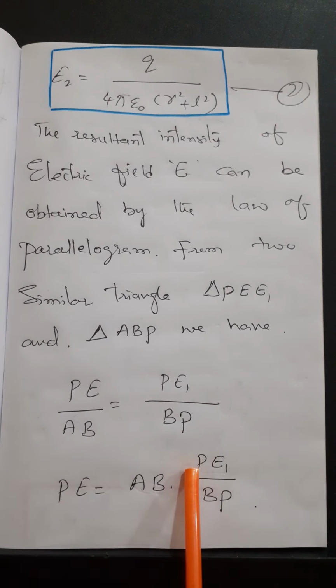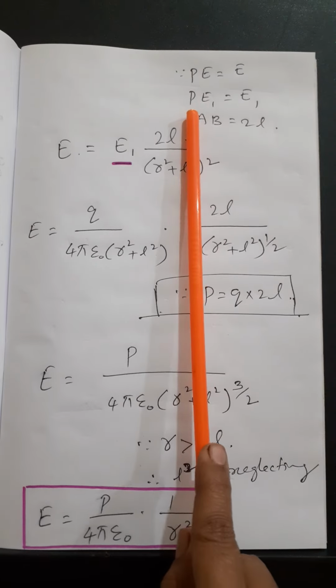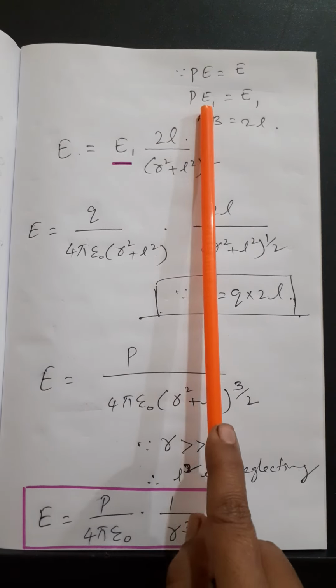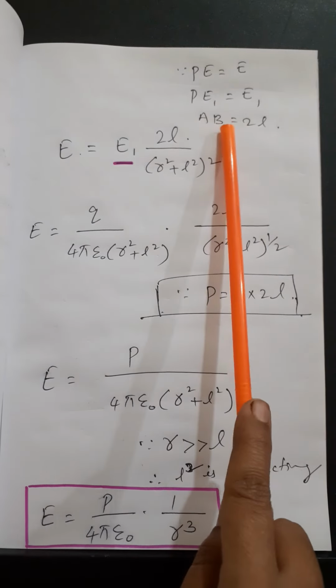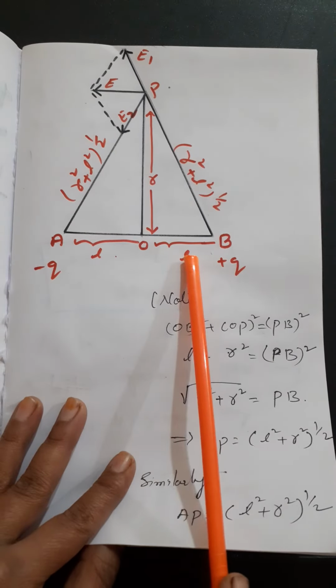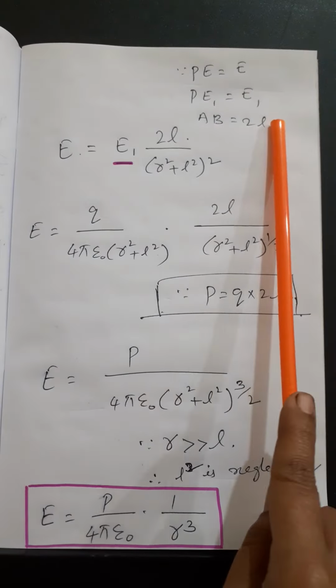We are replacing PE as E and PE1 as E1 for simplification only. And we know that the AB value is L plus L, that is 2L.